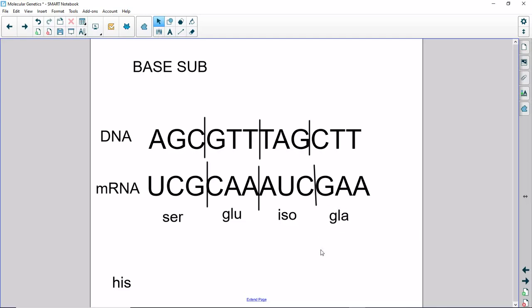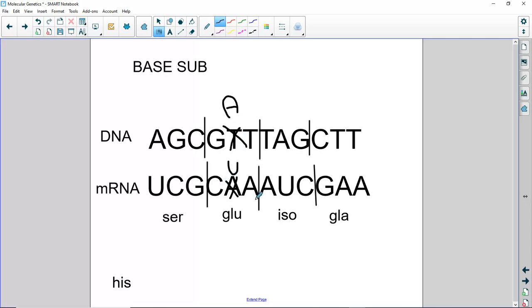So a base substitution occurs during DNA replication, where, for instance, the T is substituted with an A, which then changes, when the protein is being made, this to a U, because A transcribes to U. Now you have to look back.